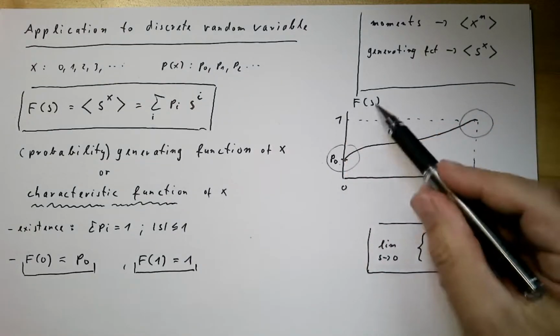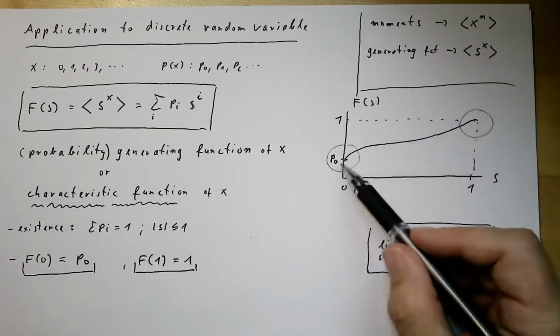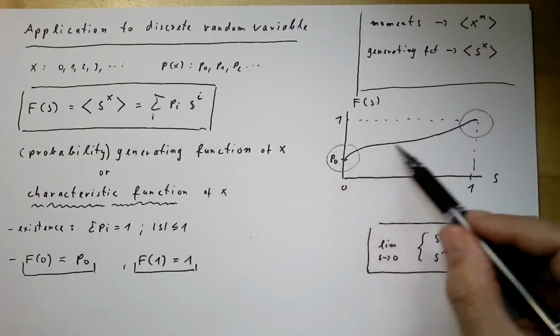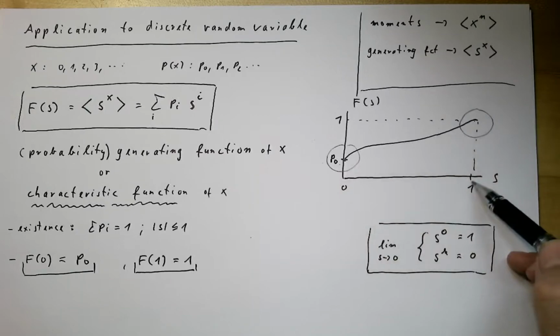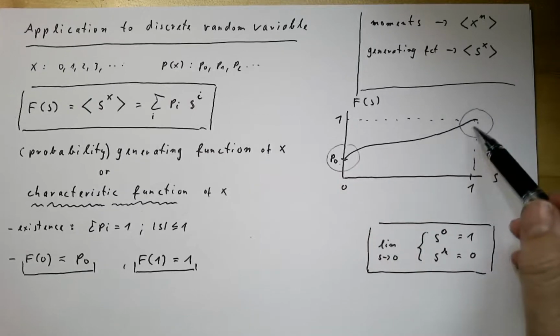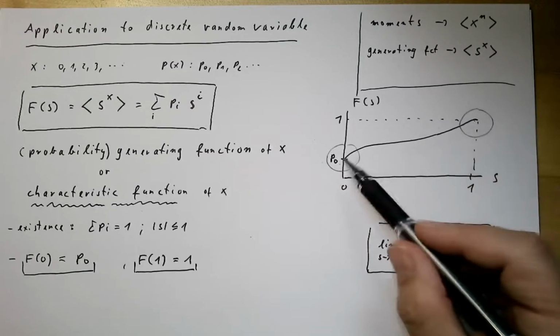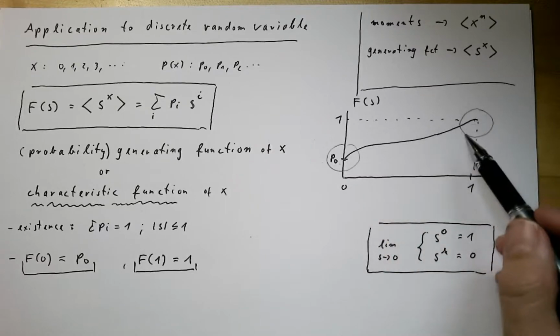So we see our generating function starts from p_0 and then ends up at position 1 with 1. The next thing we could ask is, what is the slope of this function?